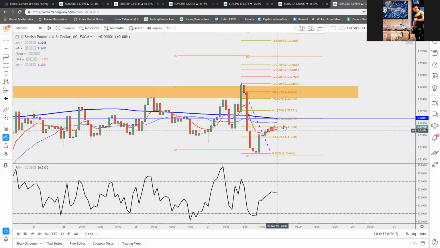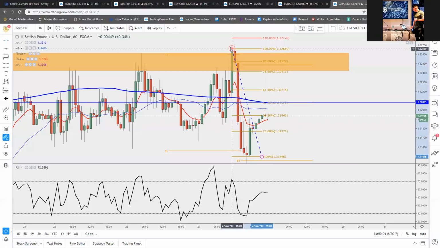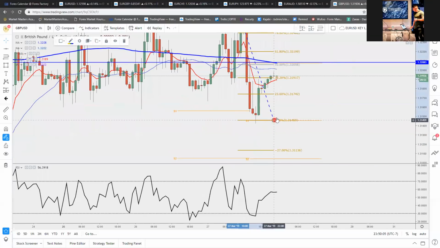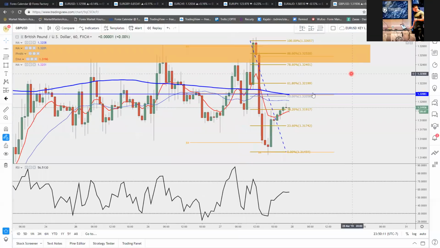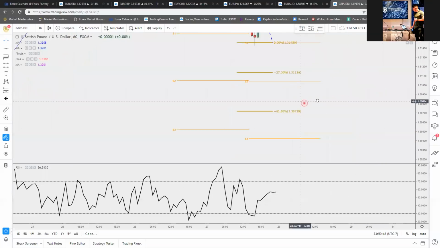It's around that 38.2. Usually at 38.2 is when it'll have its strong reaction. You can see that 0% is at the S1 area, 50% is at this pivot point, negative 27% around S2.